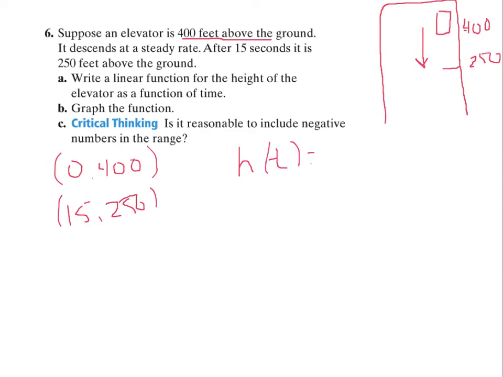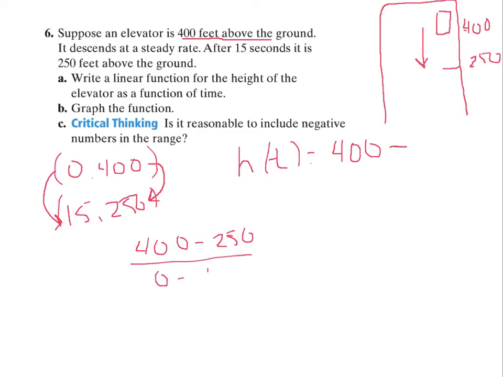Now we started off at 400, so that's our y-intercept, and it's going to descend. So we're going to subtract something. We've got to figure out how far we are subtracting, so we need to figure out the slope. We went 400 down to 250, so we're going to subtract that, 400 minus 250. And we went from 0 to 15, so 0 minus 15.